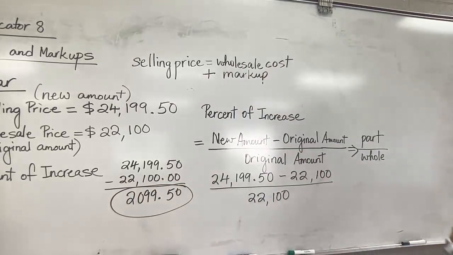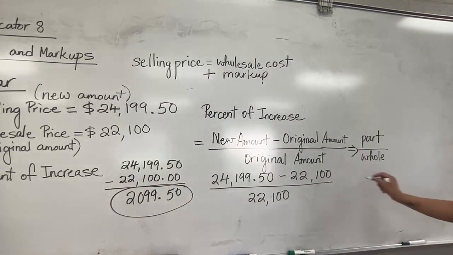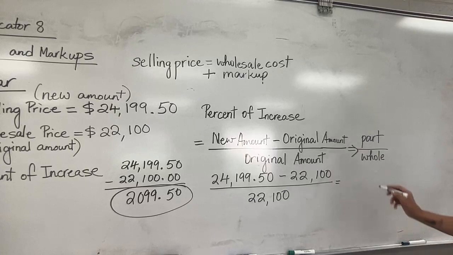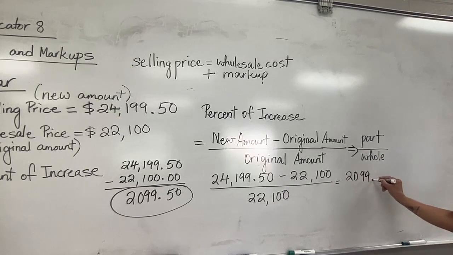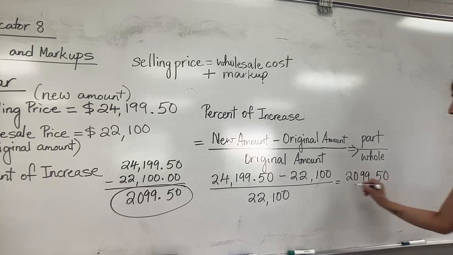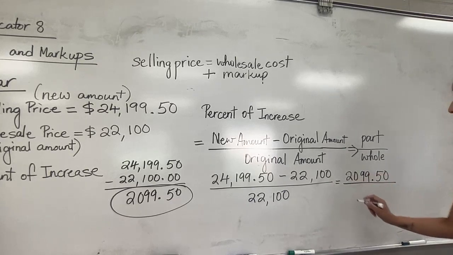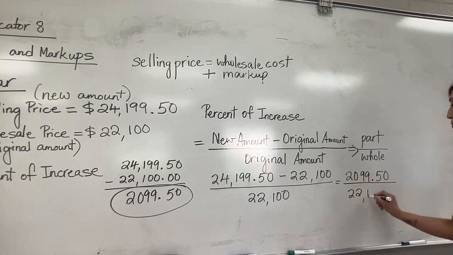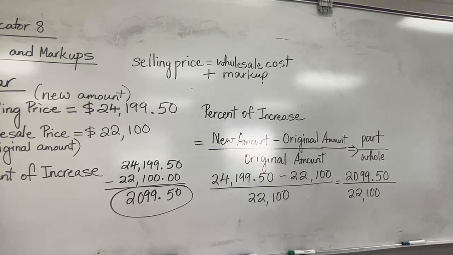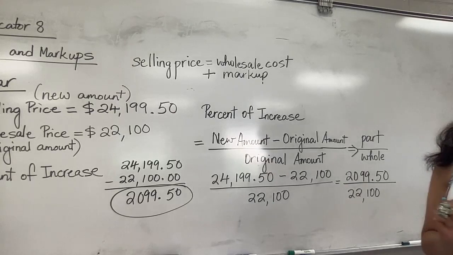So this is equal to 2,099 and 50 cents over 22,100. Okay, and then all we have to do is divide.